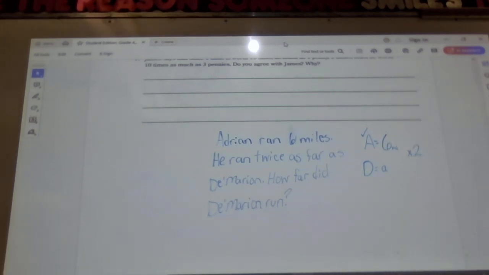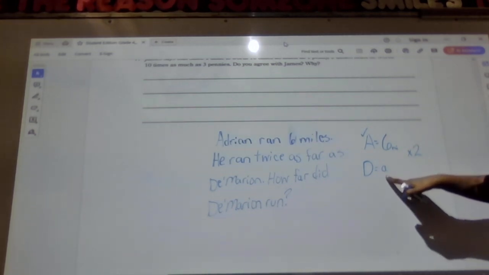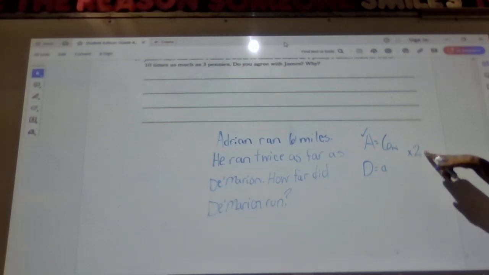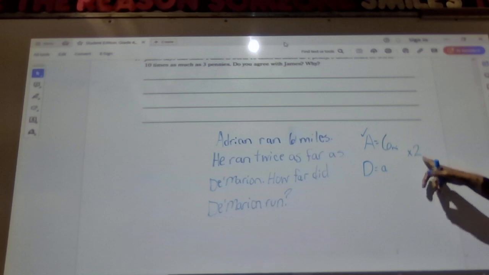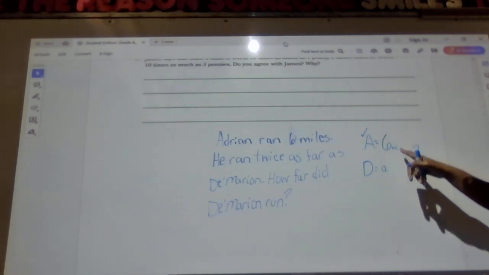So now, let's think. I told the kids to think of it this way. You're just going to do multiplication back. So if you know your multiplication, you will know your division. So what number times 2 gives us 6? If we can't come up with it that way, we're going to do our multiples of 2 until we get to 6.